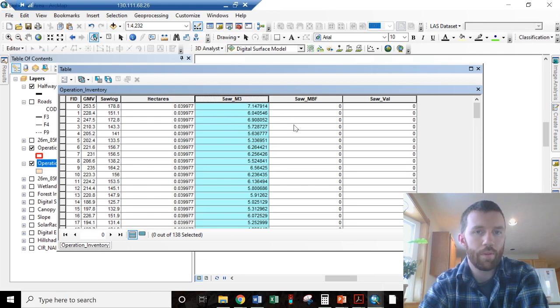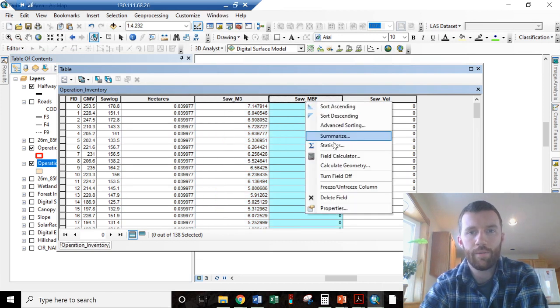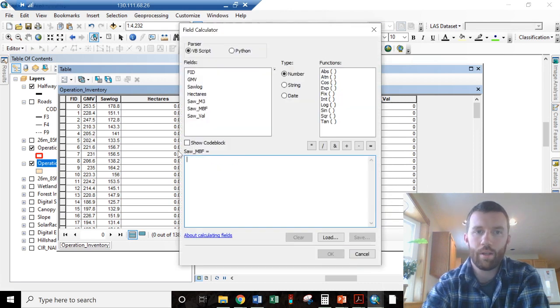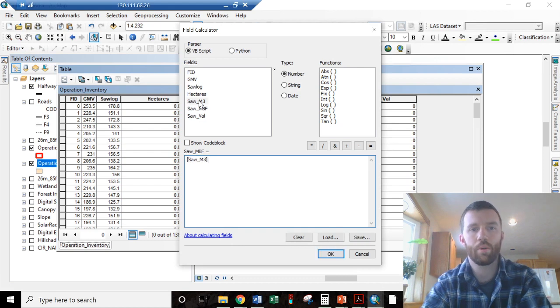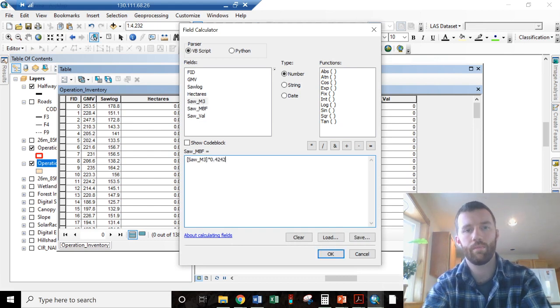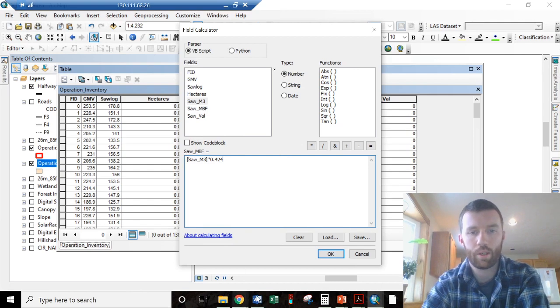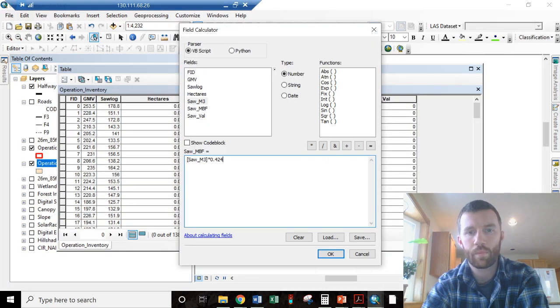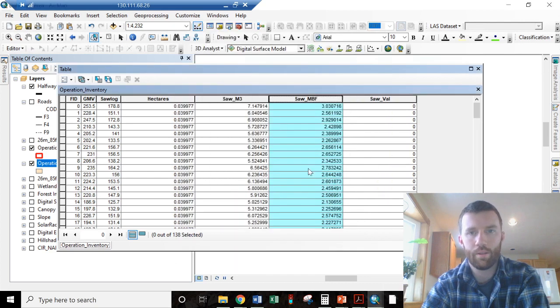But we do need to remember that this is a way more decimal places than this figure deserves. So now saw log MBF, that is field calculator, and that is going to be saw log cubic meters times 0.424. I'm going to check and make sure I've got the right number there. Yes, I do. And that's that.